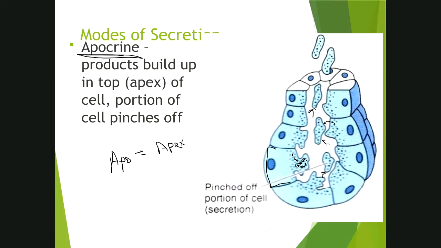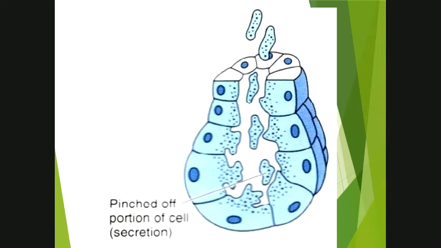And then the cell is going to regrow the top. And again, the top is going to pinch off, and then it's going to regrow the top, and then the top's going to pinch off. So only a little portion of the cell comes out with the product. So when we look at it, it looks like this.